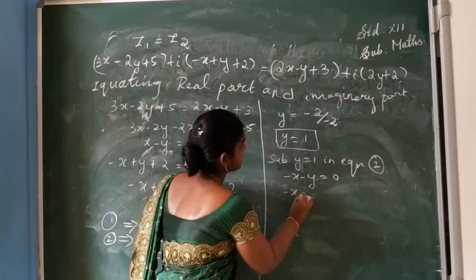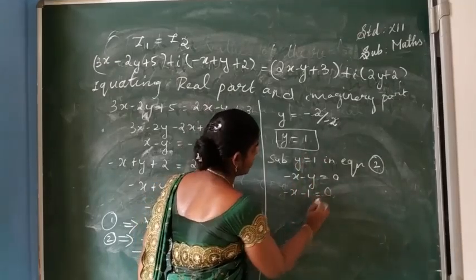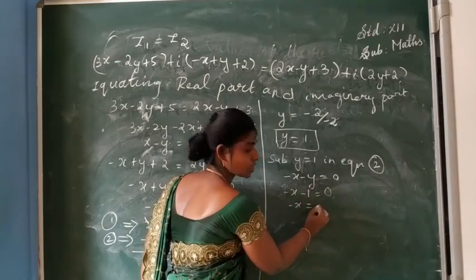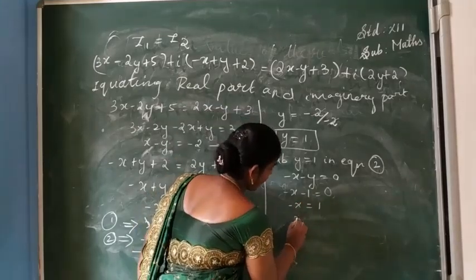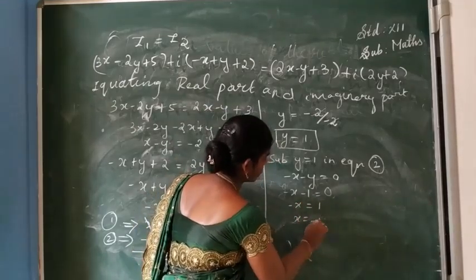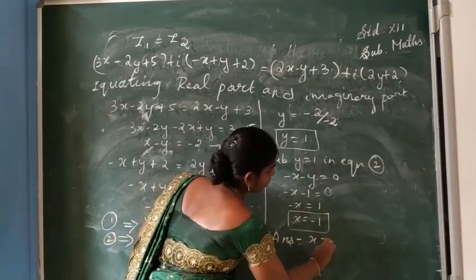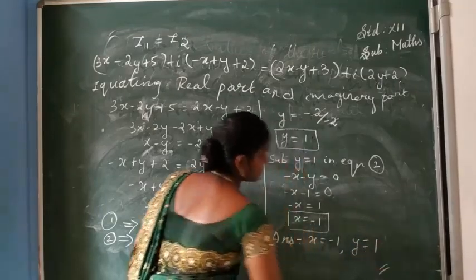So minus x minus 1, y value is 1, equal to 0. So minus x equal to, we change the side, minus changes to plus, 1. So x equal to minus 1. So the answer is x equal to minus 1 and y is equal to 1. So this is the answer.